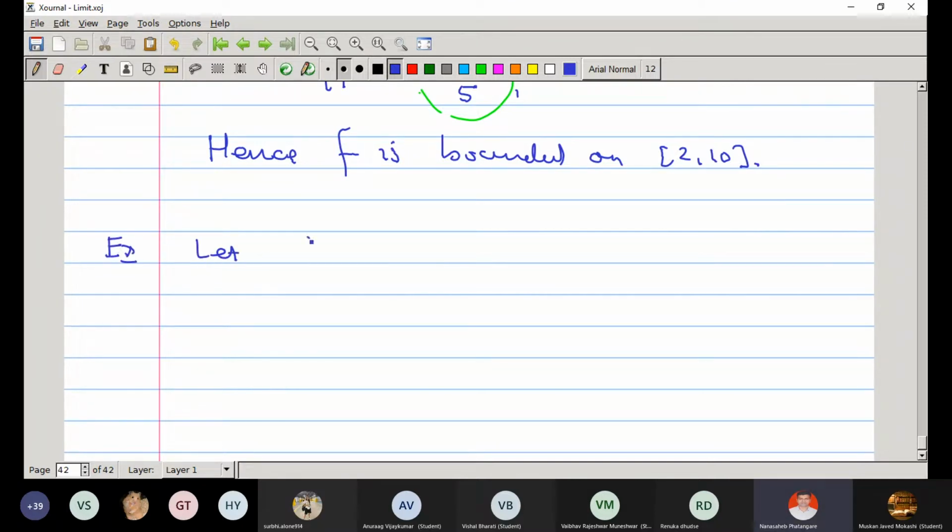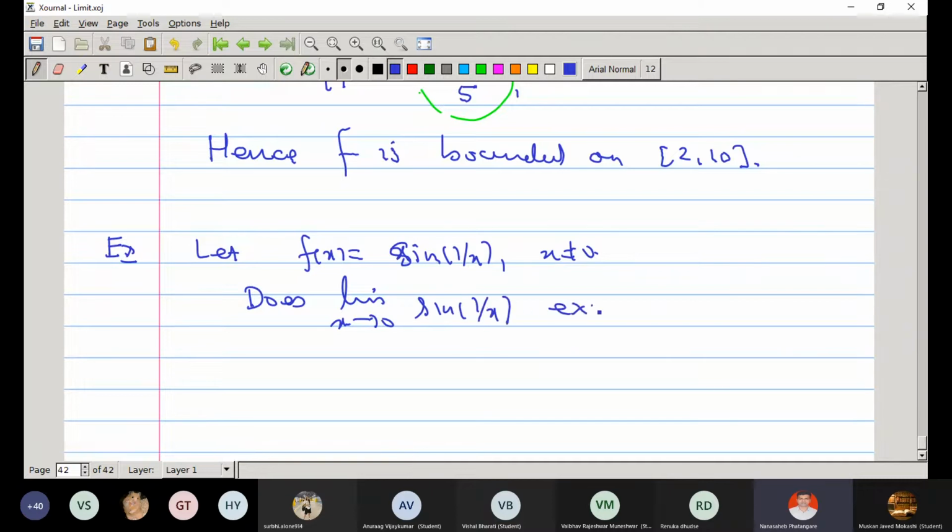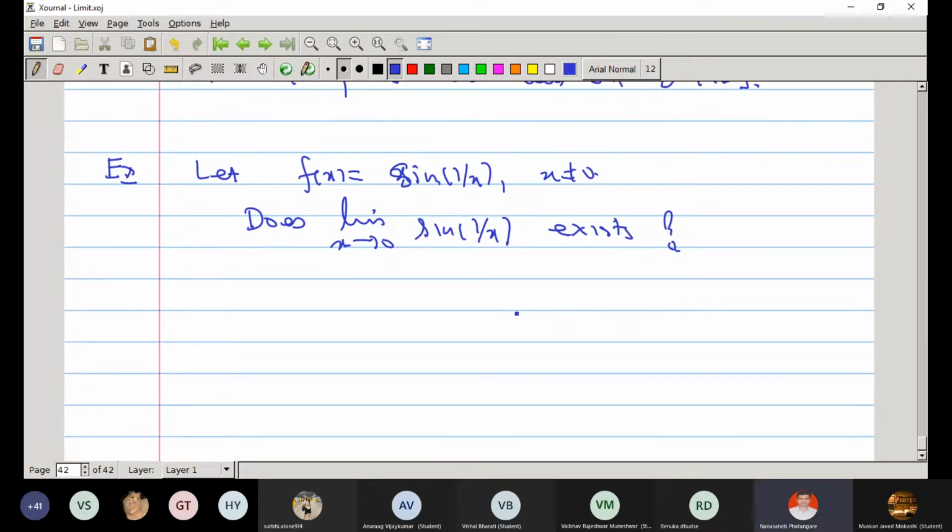So let f of x be, first of all, sine 1 by x. Does the limit as x tends to 0 of sine 1 by x exist? Does this limit exist? No, right?